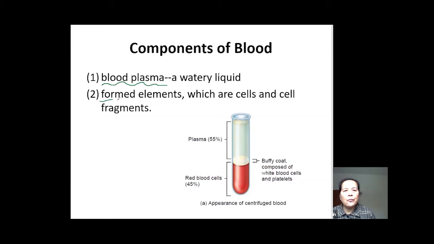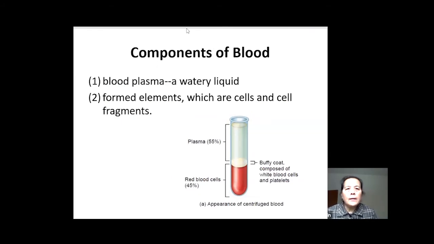The other is the formed part, mainly the cells, and also some cell fragments.